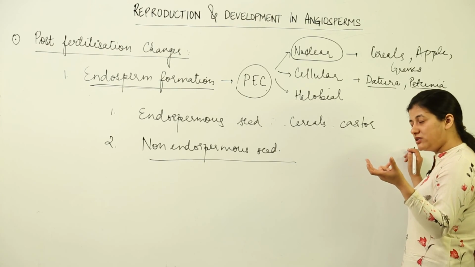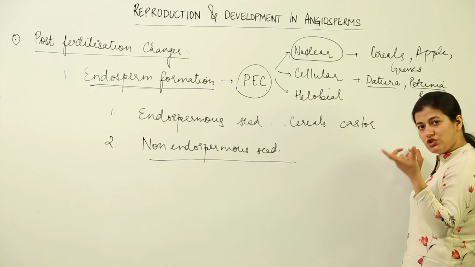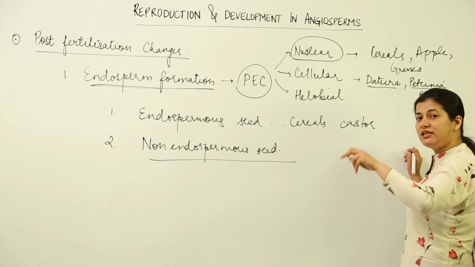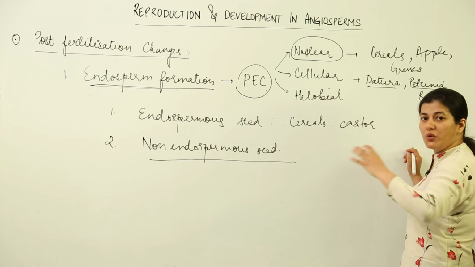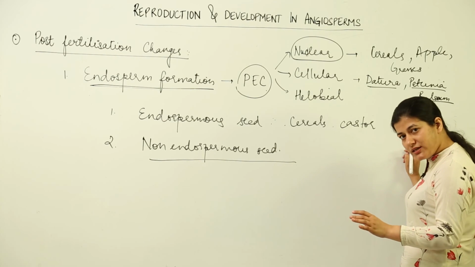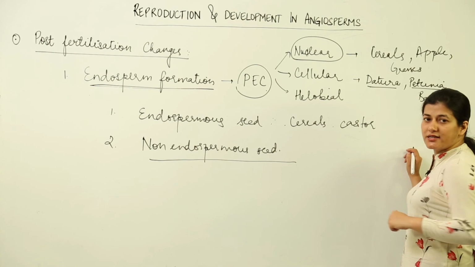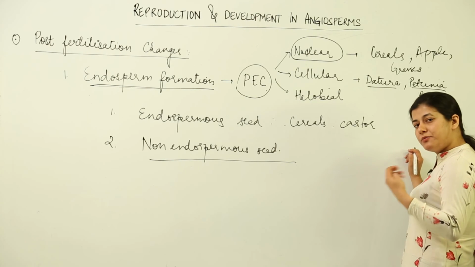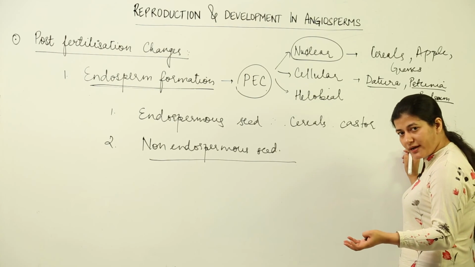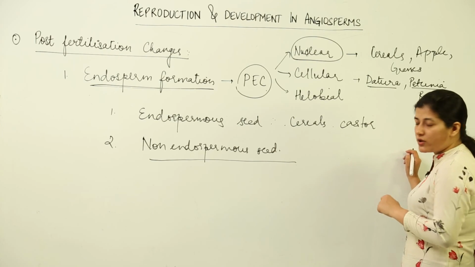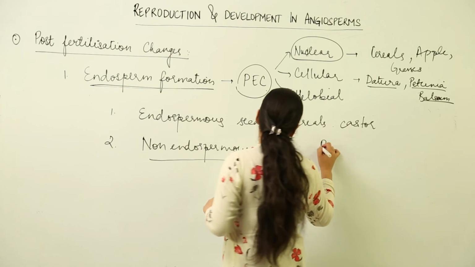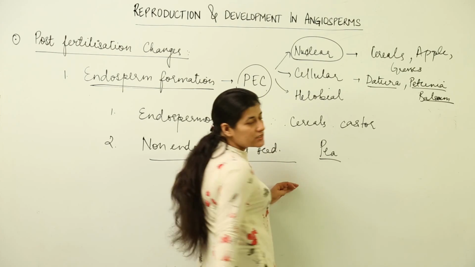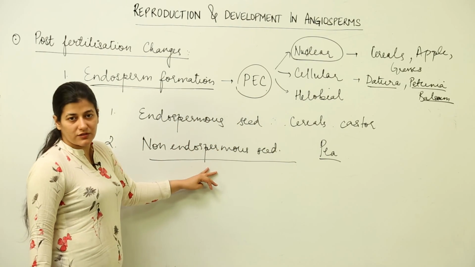It means the endosperm is not completely consumed by the growing embryo. It remains within the seed, and the seed is known as endospermous seed. Supposedly the endosperm is completely consumed by the embryo, the other one would be known as non-endospermous seed. Example is pea. Alright, so we have these two types of seeds.